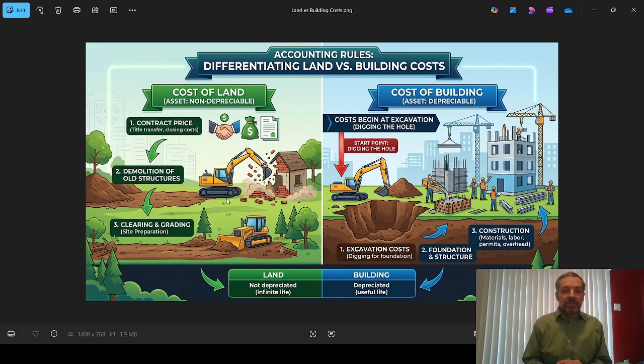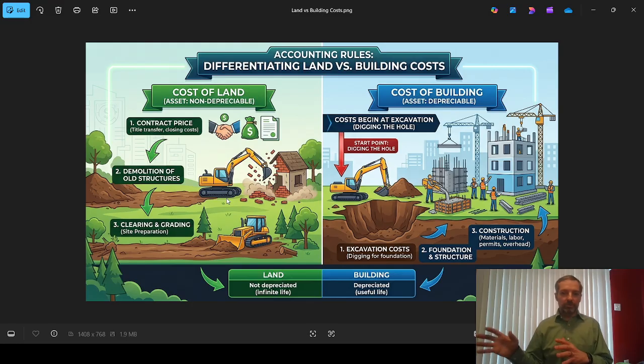If you are purchasing a piece of land or something to build a new building, when you pay for it, you might have to figure out, all right, what is the land cost and what is the building cost? Now, why is this important? It's because land costs and building costs have different accounting rules down the road. Specifically, land we do not depreciate and buildings we do.